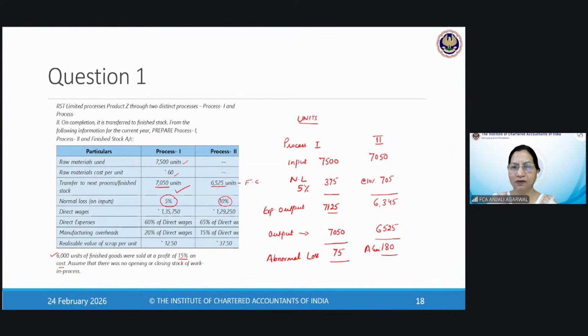And we can see that the scrap is sold at the rate of 12.5 for process 1 and at the rate of 37.5 for process 2. We can prepare our process accounts now.